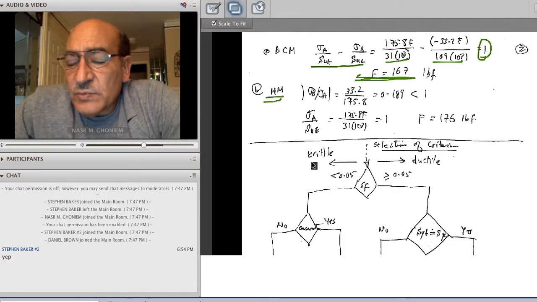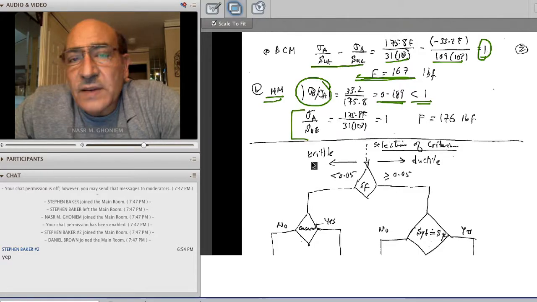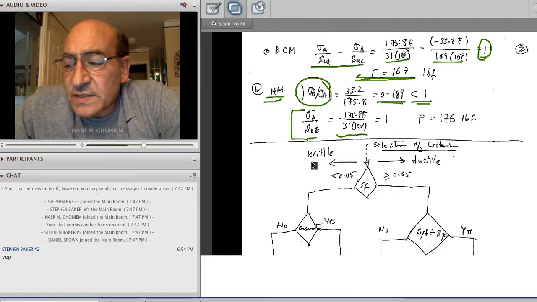However, if I do modified Mohr, then I have to check on the ratio of B to A. And I find that this ratio is less than 1, and therefore it is as if I'm applying the maximum normal stress theory, which means that I just sigma A over sigma ultimate in tension is what matters.